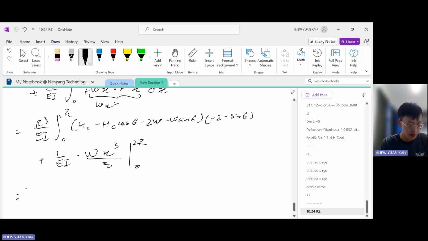Then what else? Okay, what I'm going to do next is I have to expand these two brackets. So multiply them together.